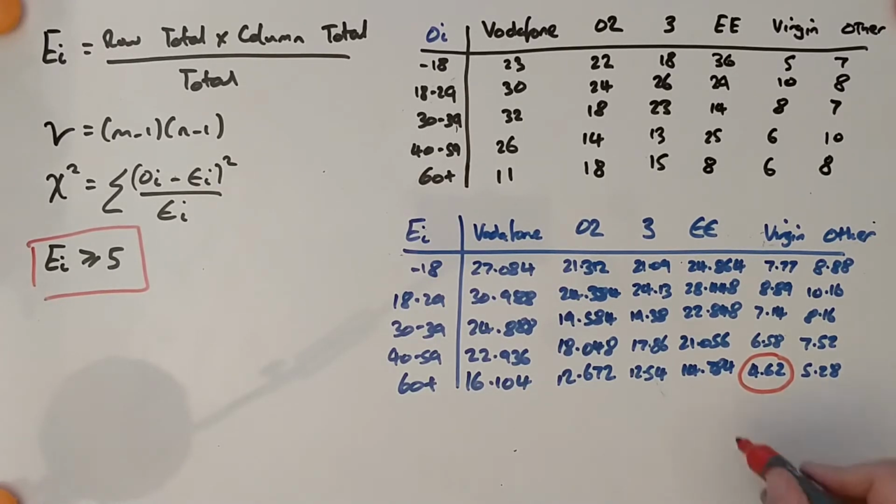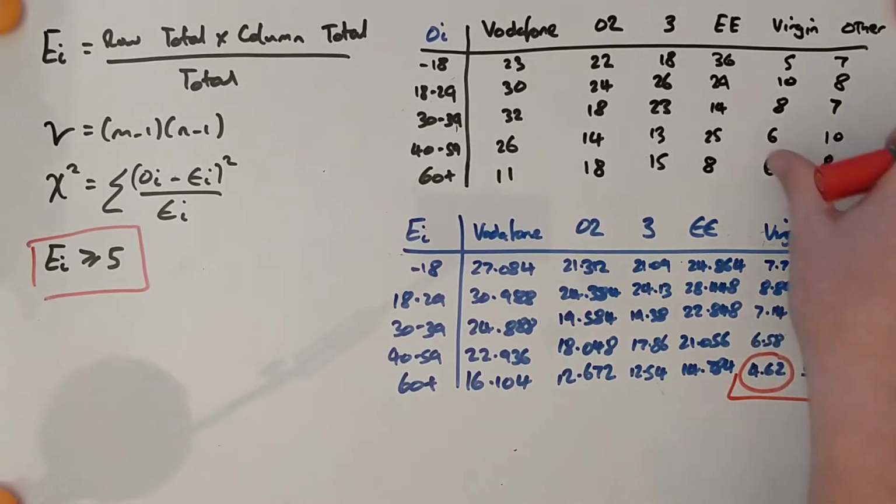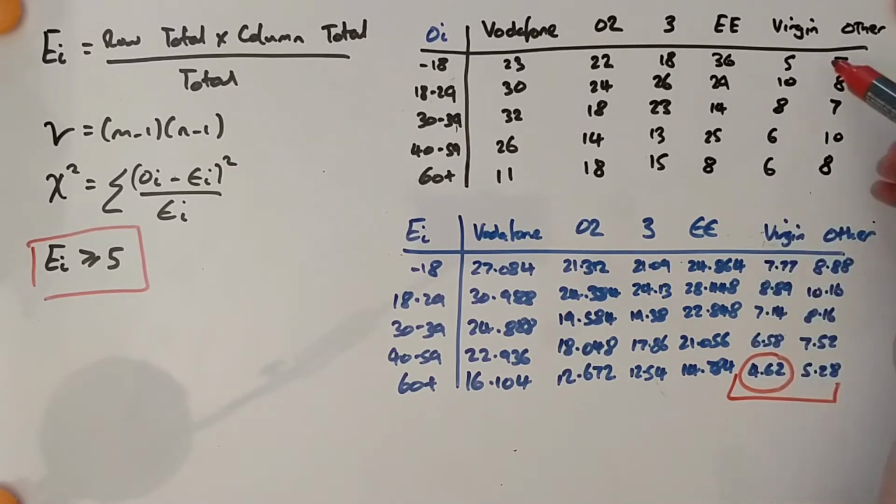So here I'm going to combine these two columns here. So the Virgin is going to go with other, so I just have more in the other. You then don't need to recalculate everything, you're just going to combine the values. So you're going to combine the observed values, so that observed value is going to be 12, that one 18, etc. And then combine the expected values. Then do our chi-square test as normal.